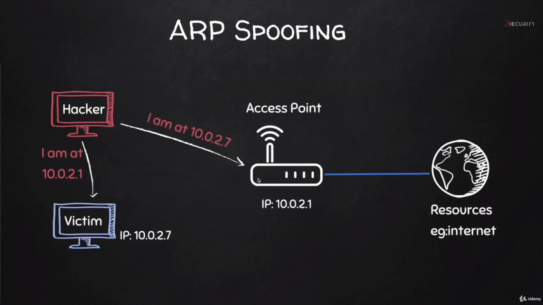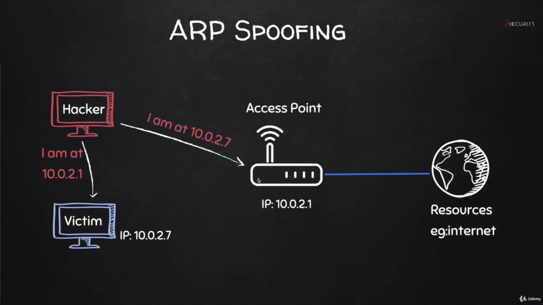So what the hacker does is he sends a response to the client telling them that they are the router. So the client will accept that, it will trust it, and it's going to accept the response even though it didn't send a request. Then we'll send another response to the router telling them that we are the client.